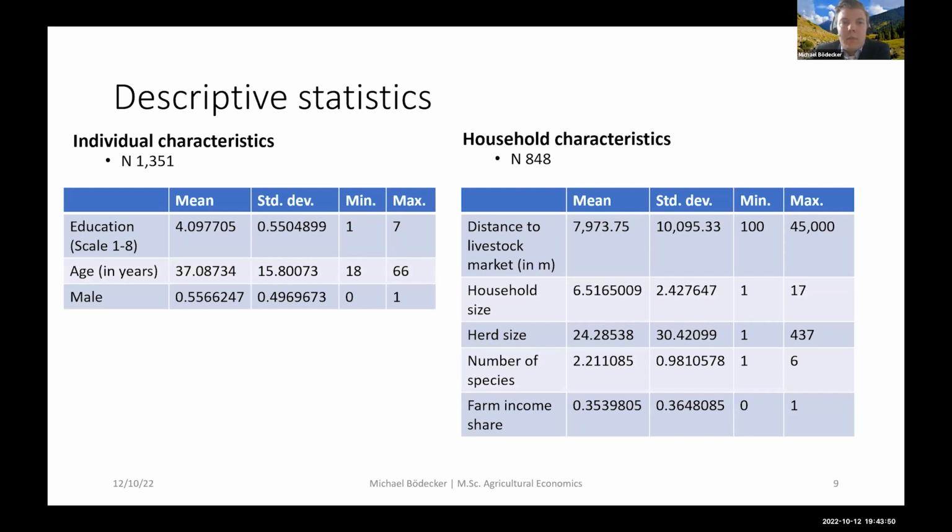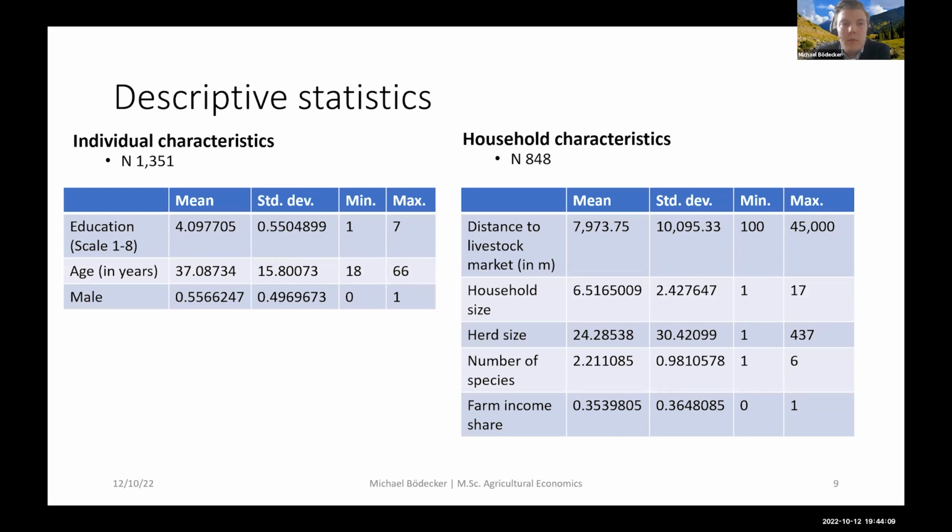Yeah, so this is some descriptive statistics. We could see that the educational level, on a scale from 1 to 8, was quite homogeneous. The majority had upper second class education, and it was quite diverse in terms of gender.